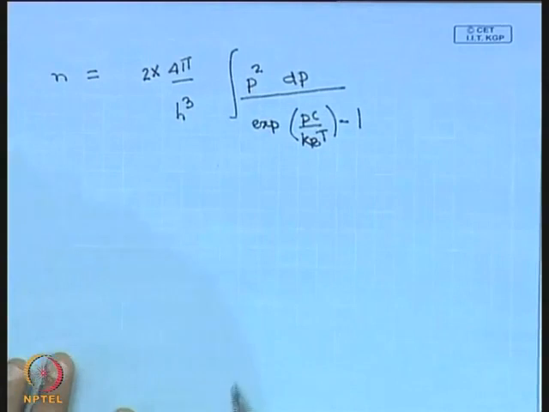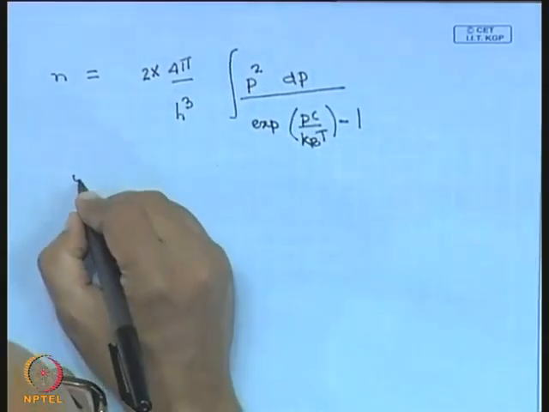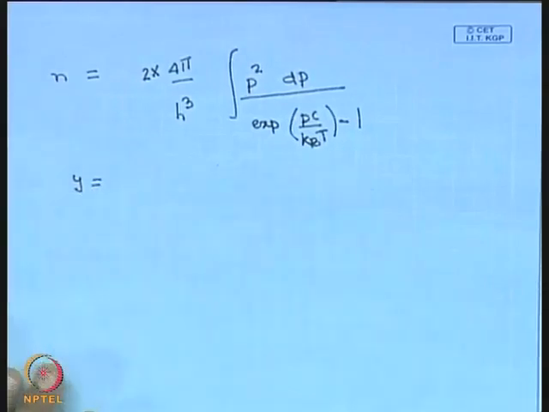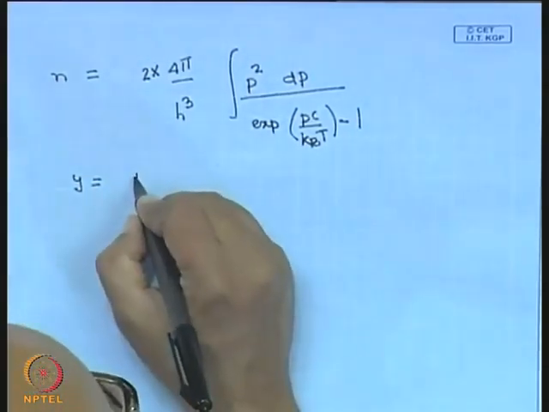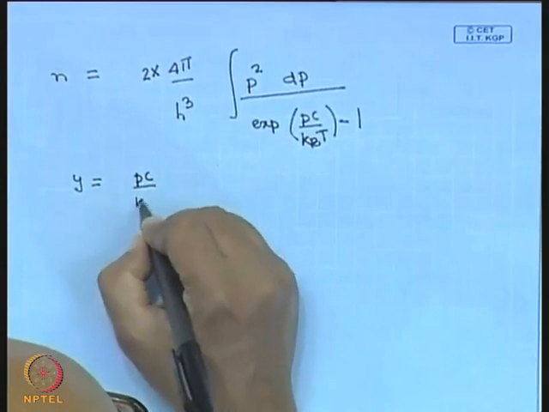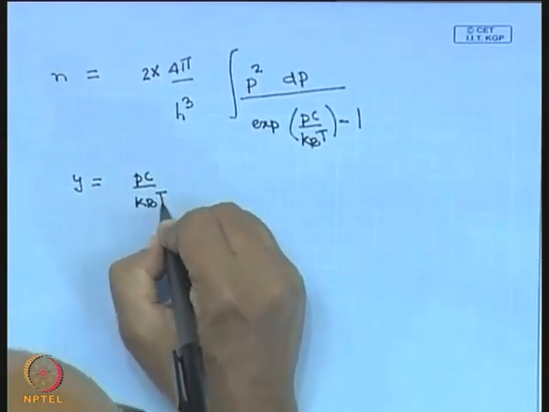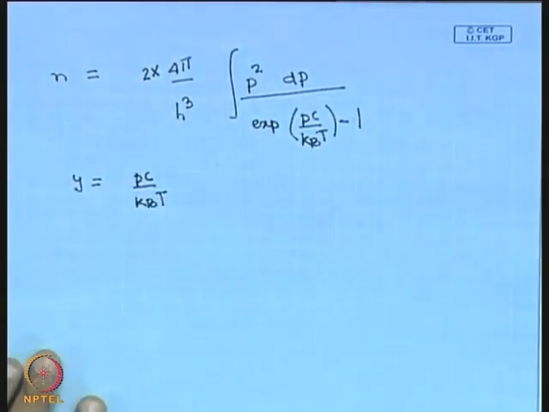And the way you handle this is that you introduce a variable y, which is pc by kbt, and you write this integral in terms of y.